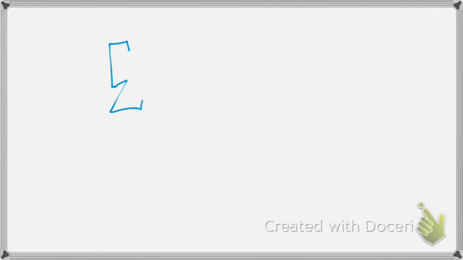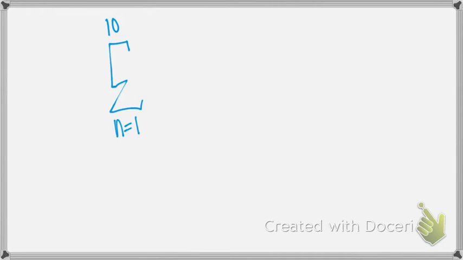Here's my sigma. How many nights am I looking for? 10. So where's 10 going to go? On the top. On the bottom, it's going to say n equals 1 unless you're told something else. Okay?